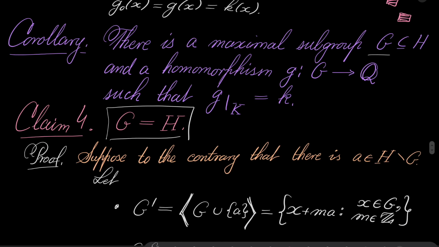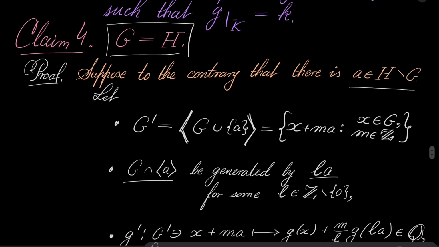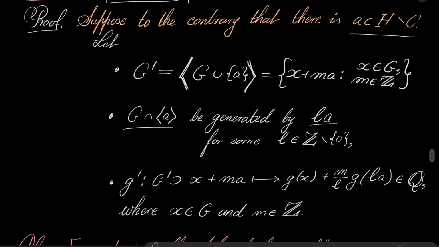Suppose to the contrary that there is an element A which is in H but which is not in G, and I define these new things. G prime is, by definition, the group generated by G and this element A, and it is a well-known fact that for an abelian group this set consists of elements of the form x plus ma, where x is an element of G and m is an integer.